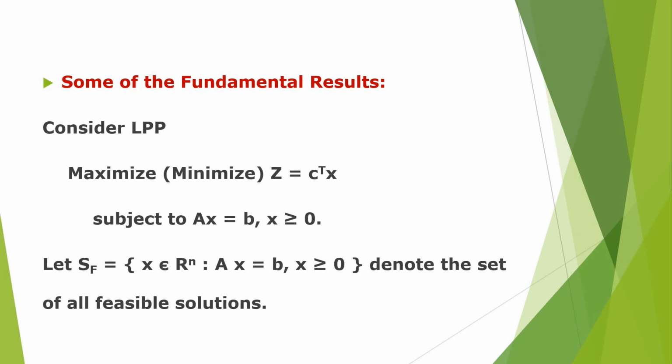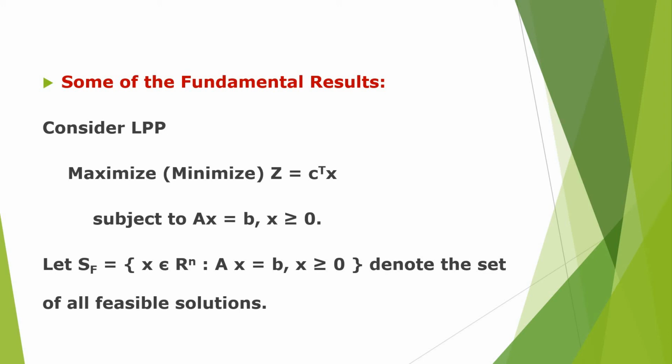Let us see what the fundamental results are. We had a problem, maximize or minimize z is equal to c transpose x subject to Ax is equal to b and x is greater than or equal to 0. In previous slides we solved Ax is equal to b, got the x greater than or equal to 0 solutions, and collected them in SF.